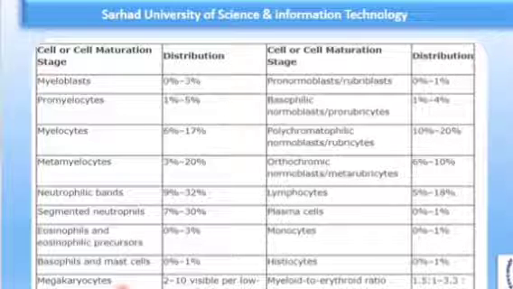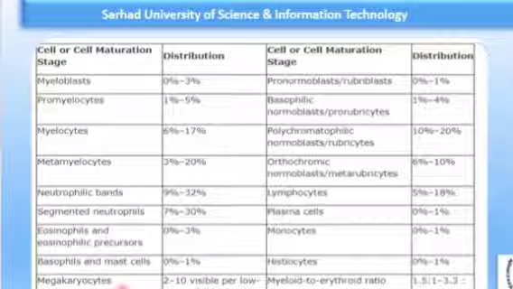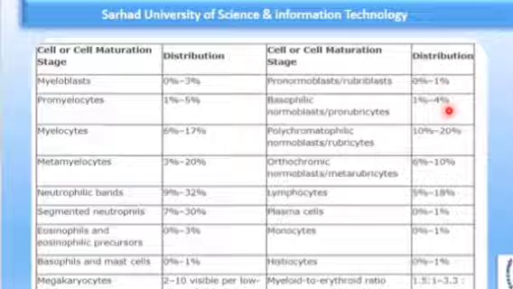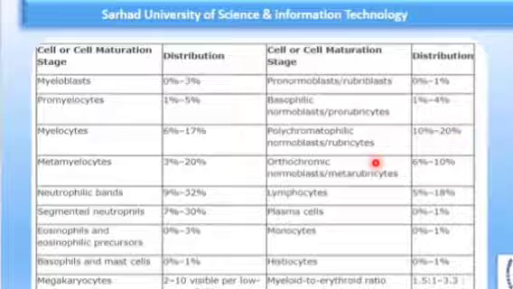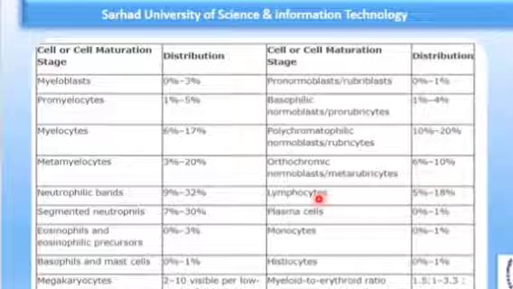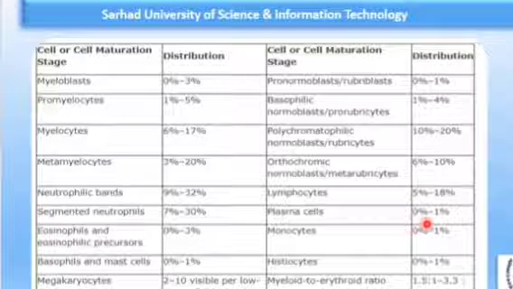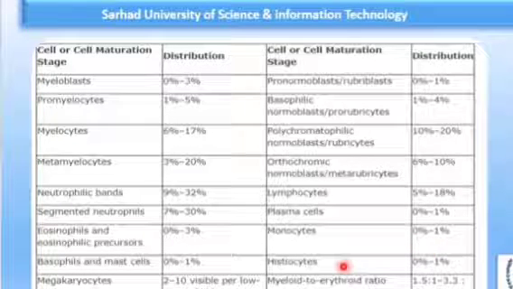And on the other hand, when we are dealing with erythropoiesis, pronormoblasts are 0 to 1%, basophilic normoblasts are 1 to 2%, polychromatophilic normoblasts are 10 to 20%, orthochromatic are 6 to 10%, and lymphocytes 5 to 18%, whereas plasma cells are 0 to 1%. Monocytes are 0 to 1%, macrophages like histiocytes are 0 to 1%, and the M:E ratio.